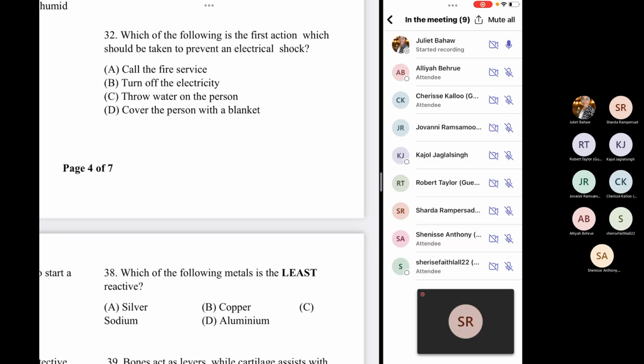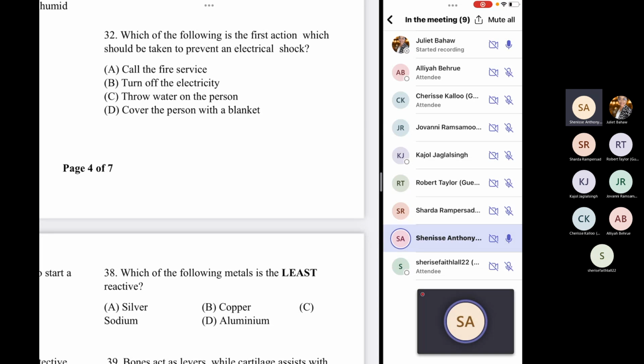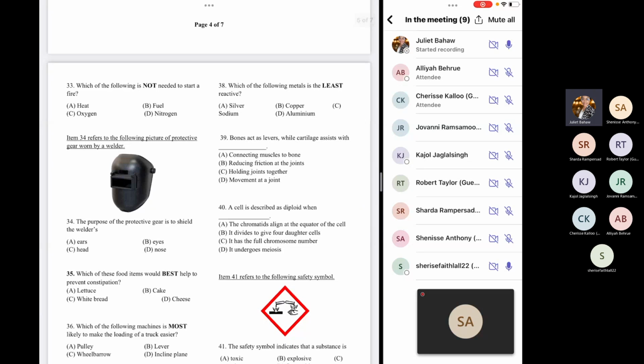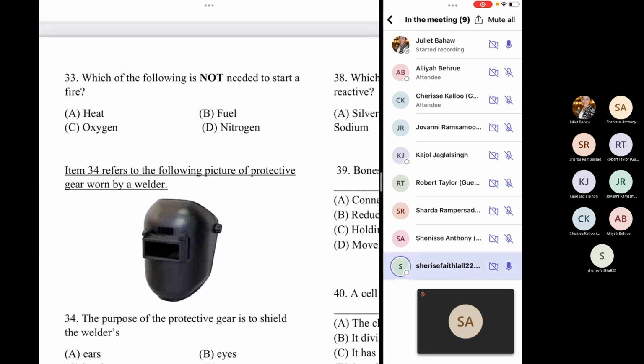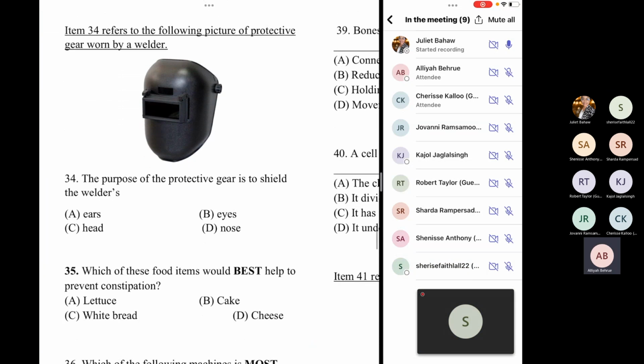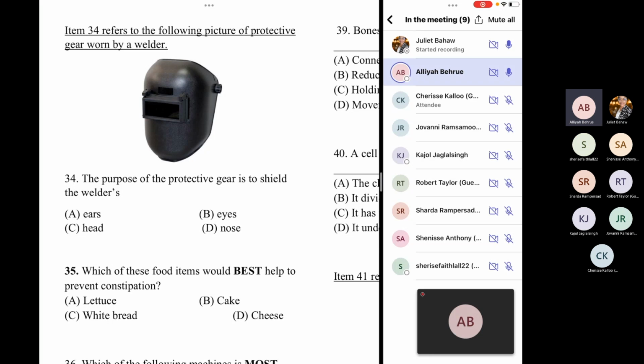32. Shanice. Which of the following is the first action which should be taken to prevent an electrical shock? Turn off the electricity, B. Yes, turn off the electricity. Which of the following is not needed to start a fire? D, nitrogen, correct. The purpose of the protective gear is to shield the welder's eyes.